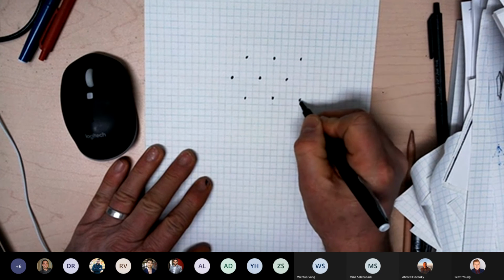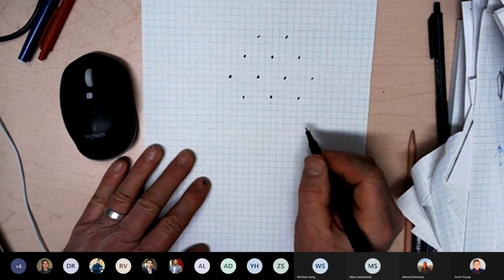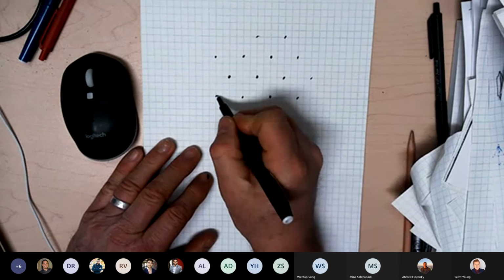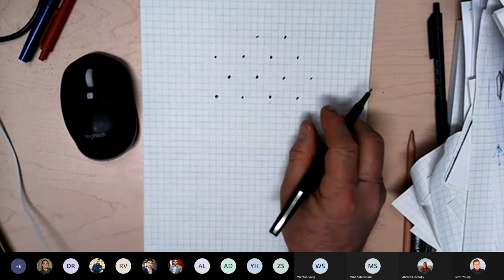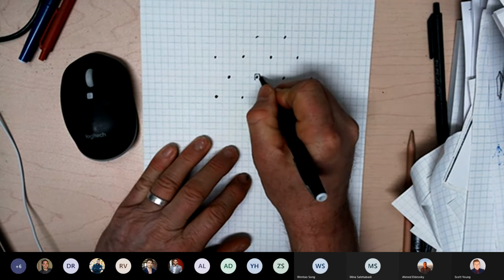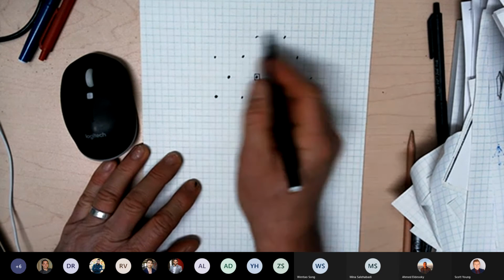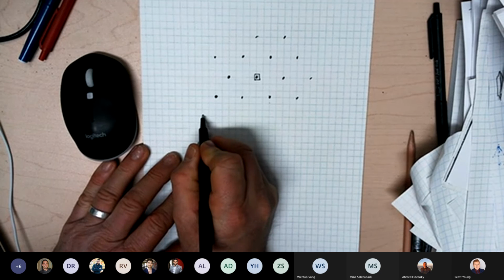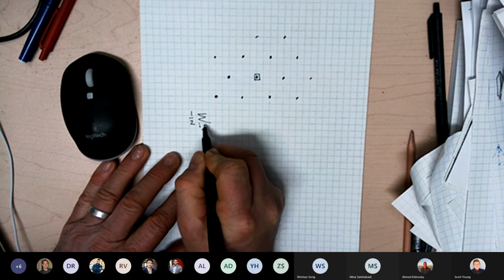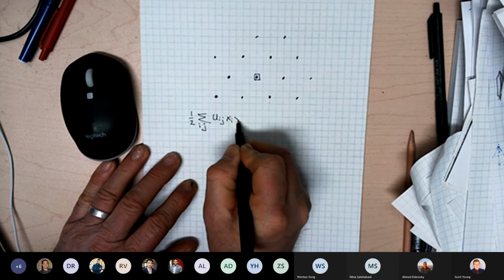So I'm just drawing a little bit of a lattice for us to think about. So when we put a lithium atom here, and then we're wondering about the internal energy of this lattice, we say it's the sum, 1/2 over the sum of sites i and j, u_ij x_i x_j.